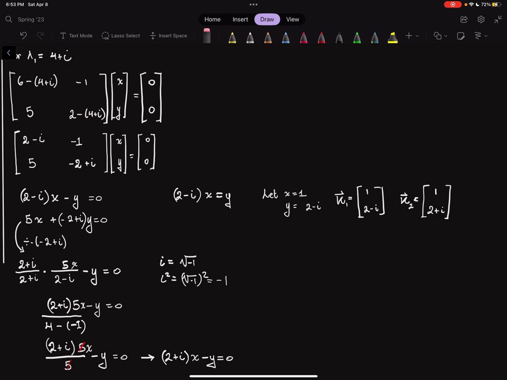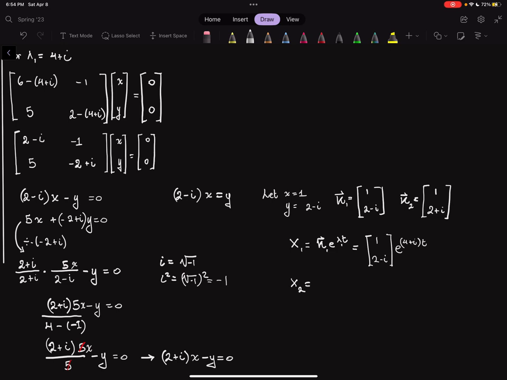Well, you could write the solution in a couple ways. One way to write the solution: x1 is still k1 times e to the lambda 1 t, so you would write (1, 2 minus i) times e to the (4 plus i) t.